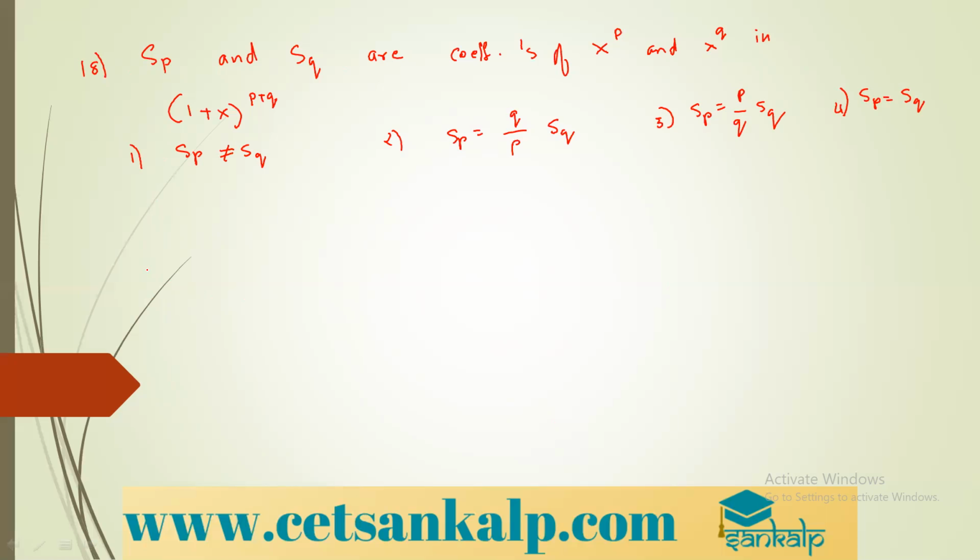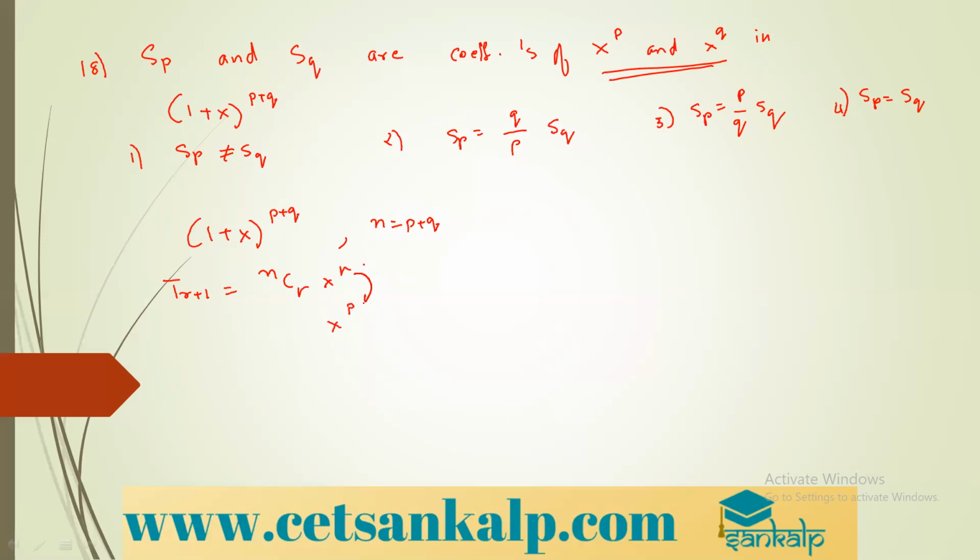So first we will find coefficients of x power p and x power q. We will take the expansion 1 plus x power p plus q. The power n is p plus q. When I take the general term nCr x power r, I will have coefficient of x power p.